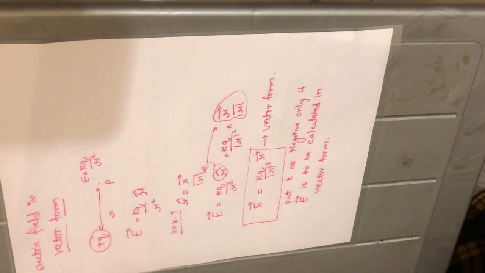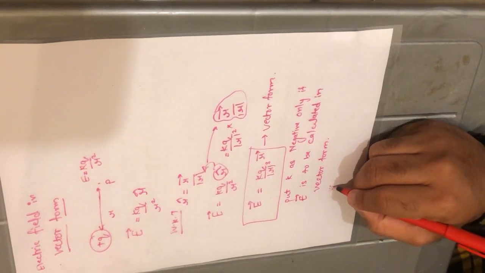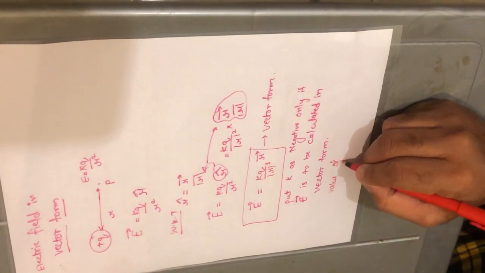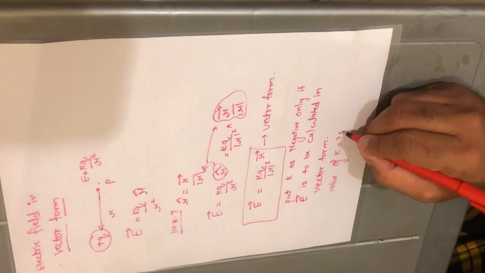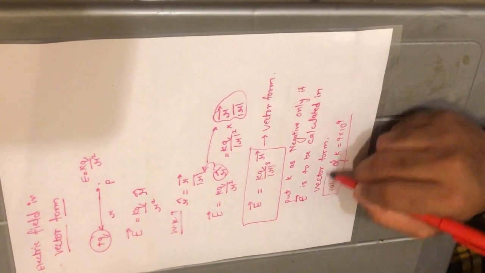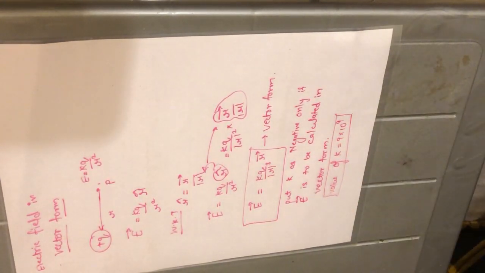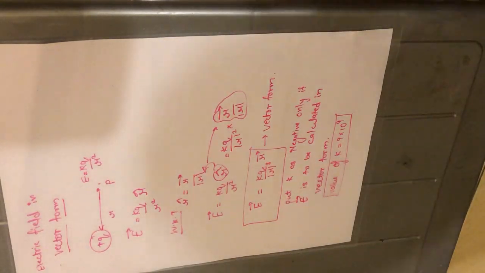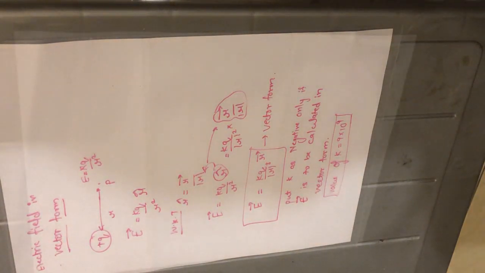But if you are in vector format, take the value of k as positive if you have taken a positive charge, and negative if you have taken a negative charge, in vector form only, because we are going to take the direction or the quantity of charge, where the value of k will be 9 multiplied by 10 raised to 9, and the rest you know about positive and negative.